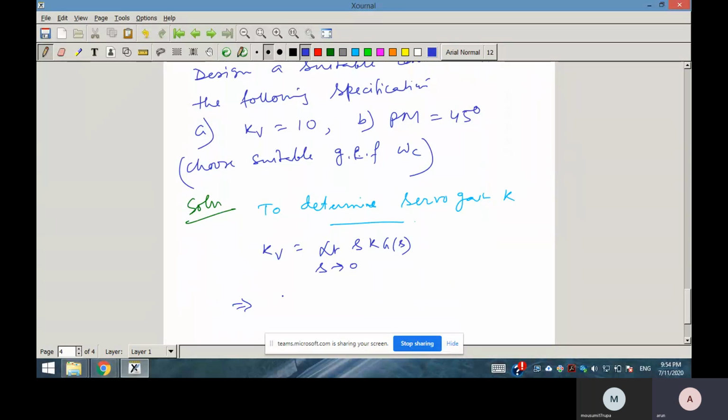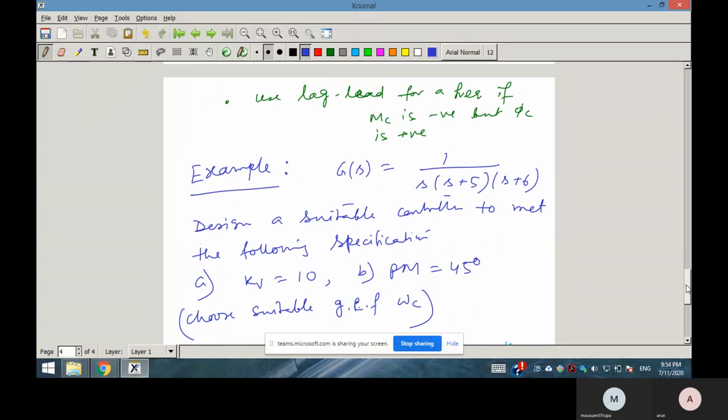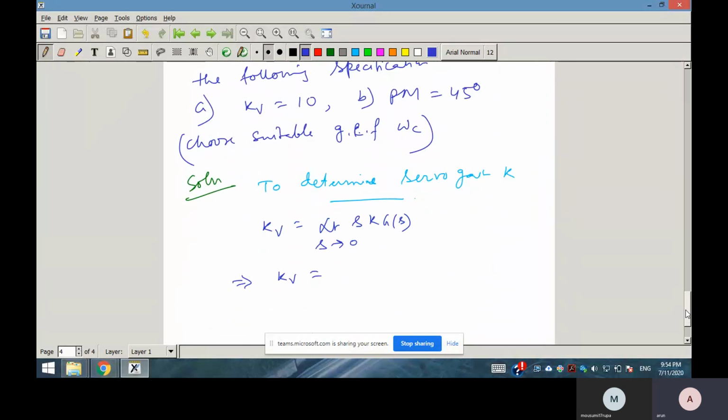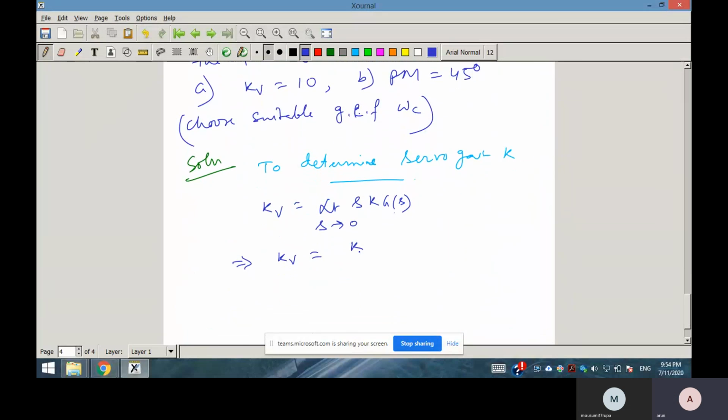So your Kv will be, if you put G(s) here, K by 30, sorry, this is your 10, not 6. This is 10. So this will be K by 10.